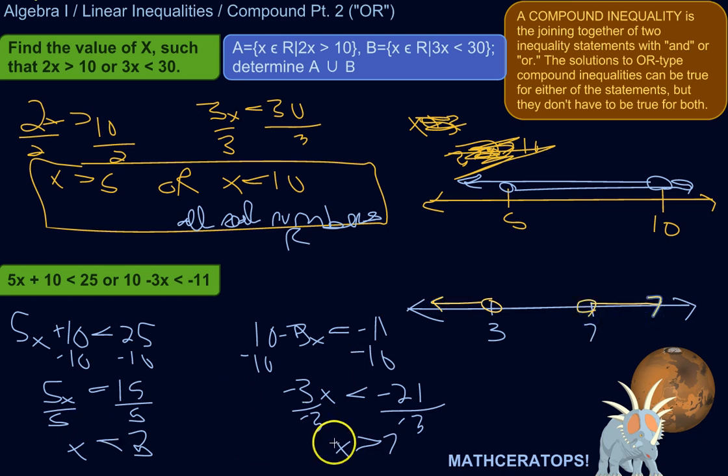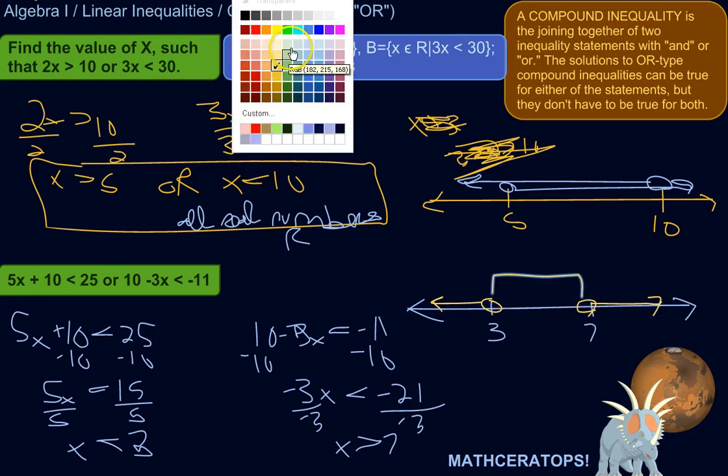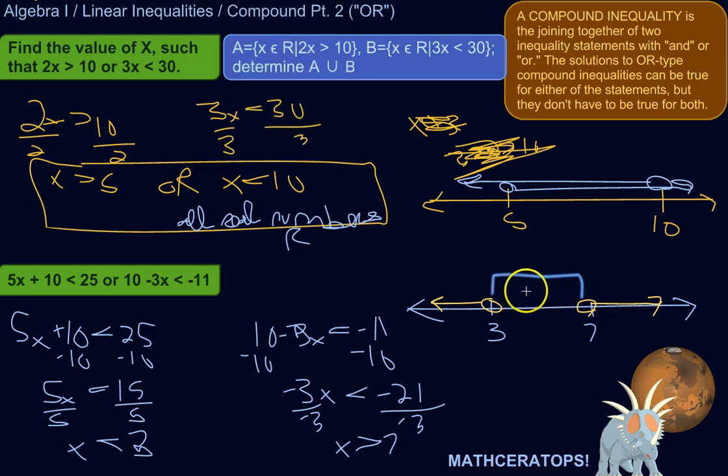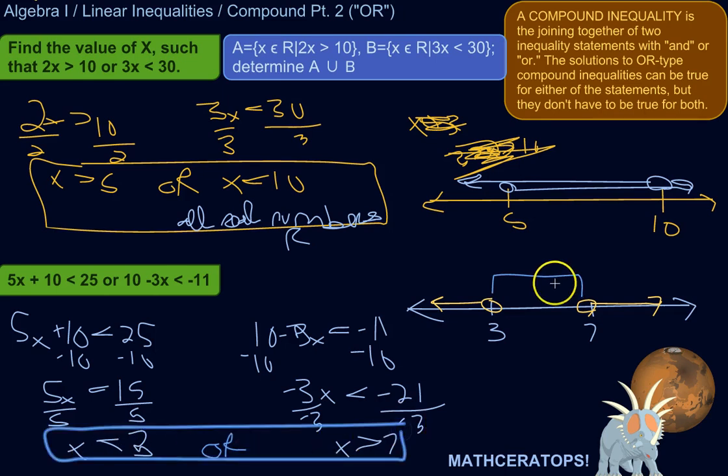I've graphed these two conditions. The solution set is any number that's in this group or in this group. Another way to look at it is that it's anything that's not in the middle. These numbers don't count, but anything either over here or over here would count as a solution. So the way you'd write the answer is x is less than 3 or x is greater than 7. Or you could graph it something like that.